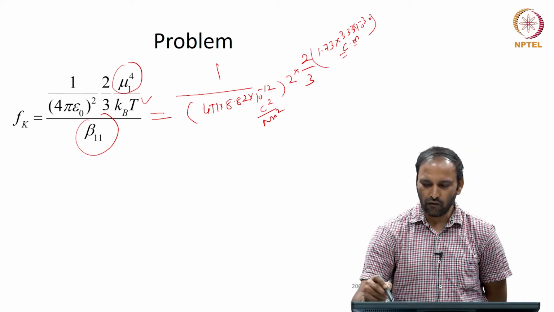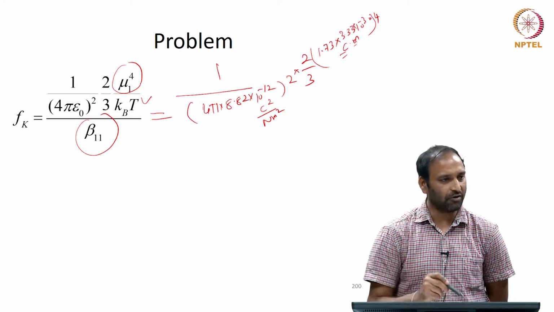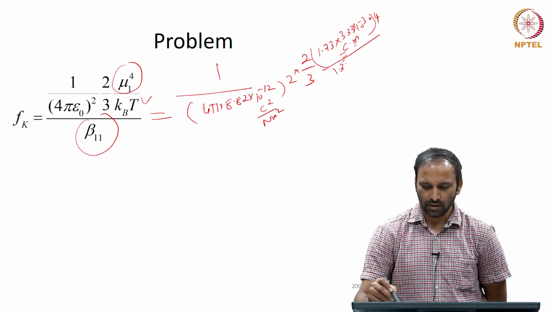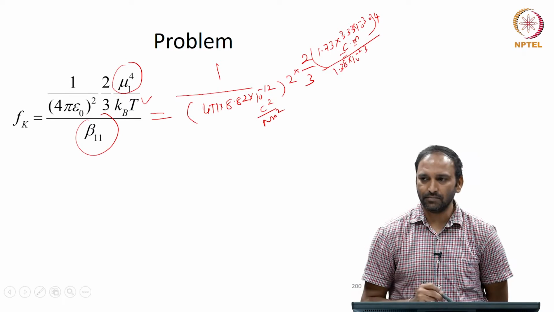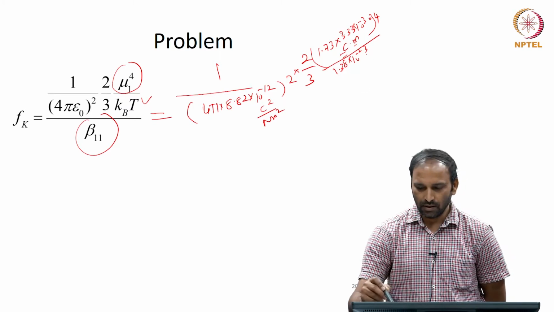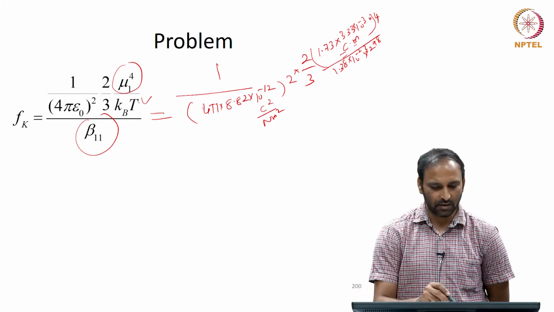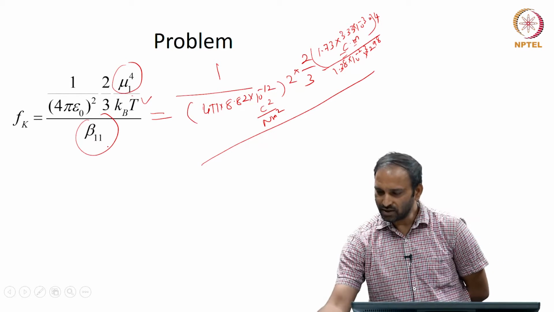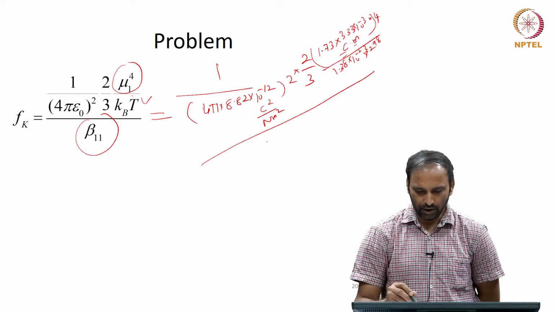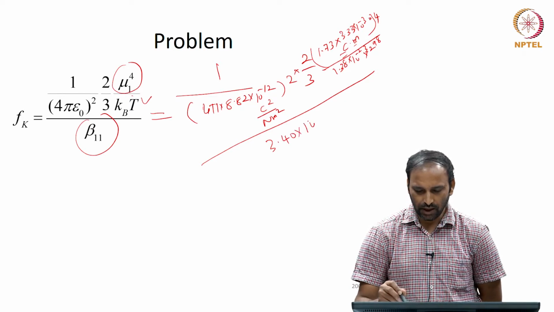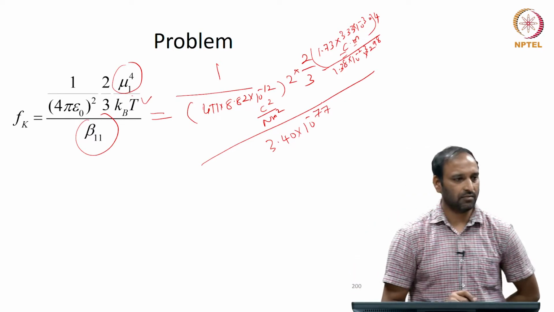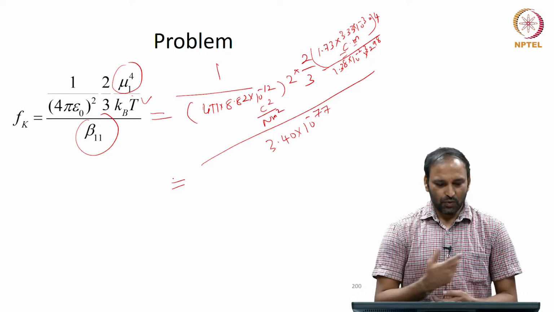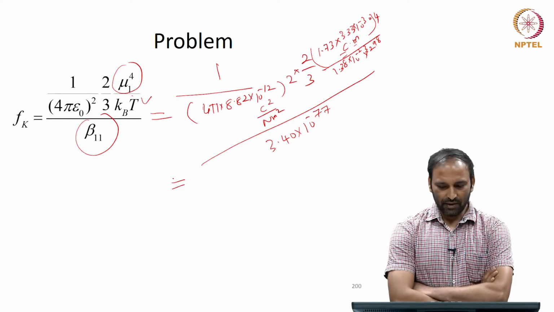That is to the power 4, because you have mu 1 to the power of 4 there, divided by Kb, which is 1.38 into 10 power minus 23, times 298, the temperature that is given, whole divided by beta 11, which has also been given to you. It is 3.4 into 10 power minus 77. Can you just work it out quickly and then let me know the number that you get?